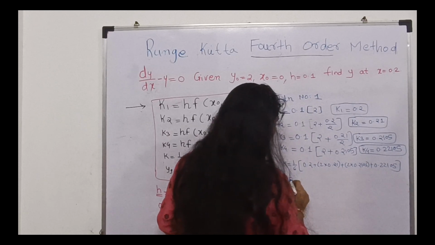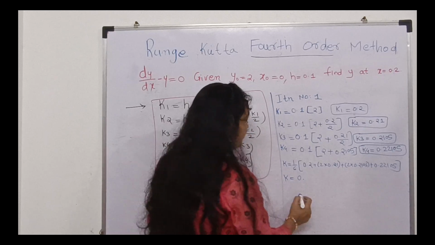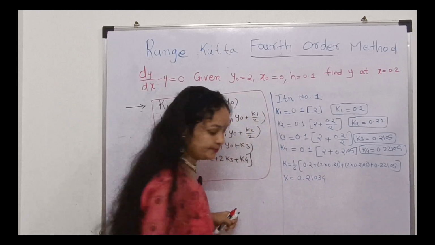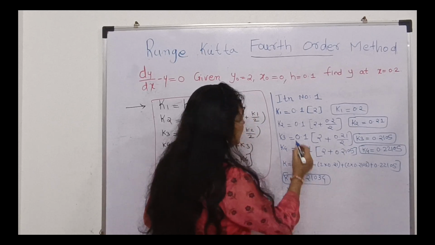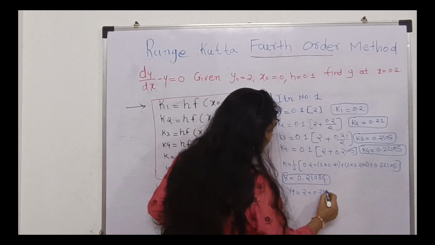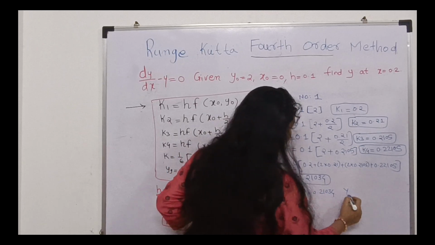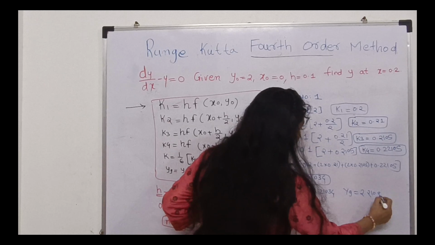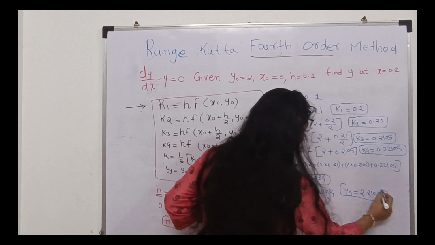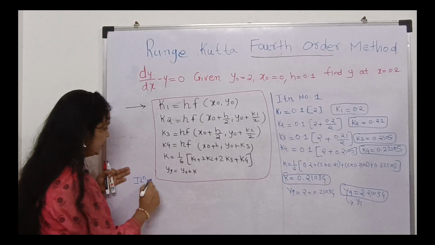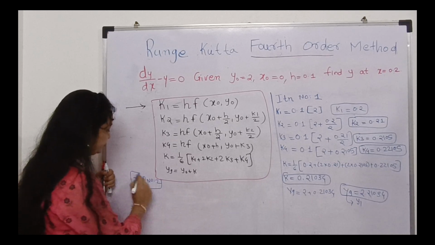Through this we get the K value 0.21034. Yj is nothing but y0, meaning 2, plus 0.21034. So the yj value becomes 2.21034.